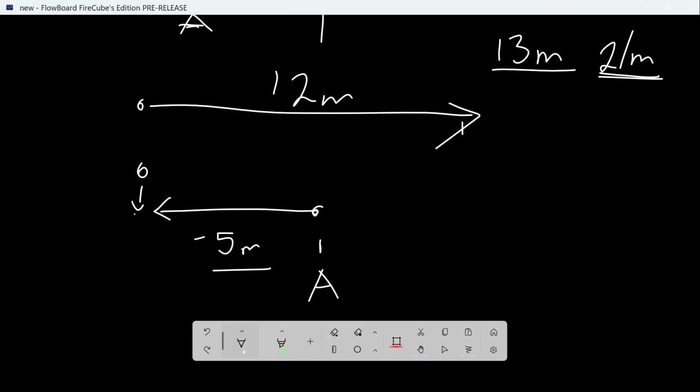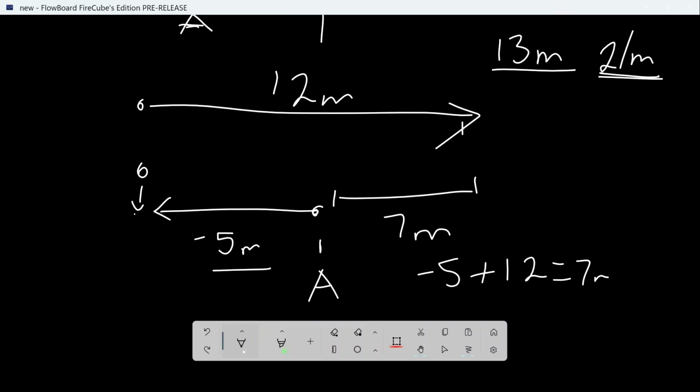So it rolled backwards first, 5 meters backwards, and now it rolled 12 meters to the front. Well, we can calculate how far it is from the starting point now. Just going to have to do minus 5 plus 12, and that gives us 7 meters. So this distance is 7 meters. That's 7, that's 5.